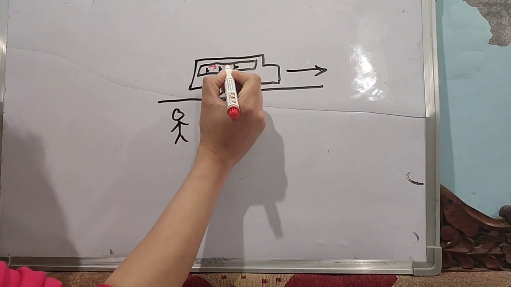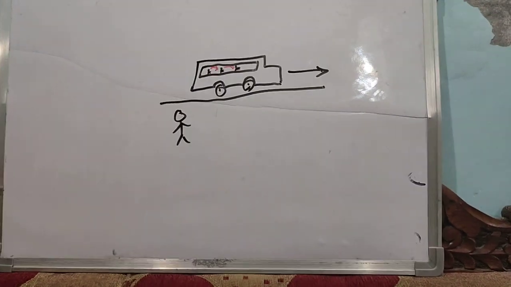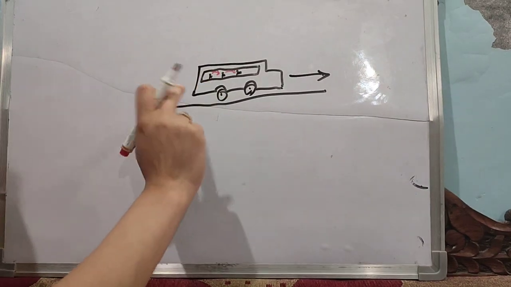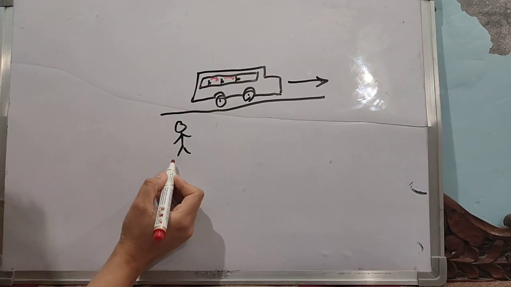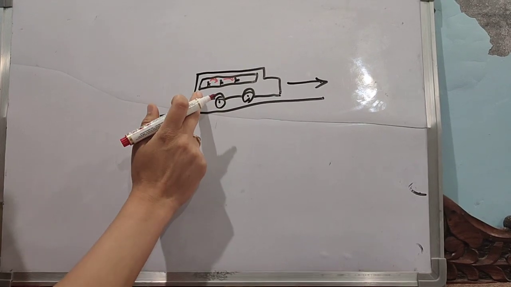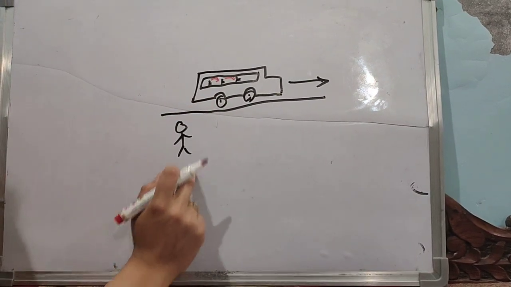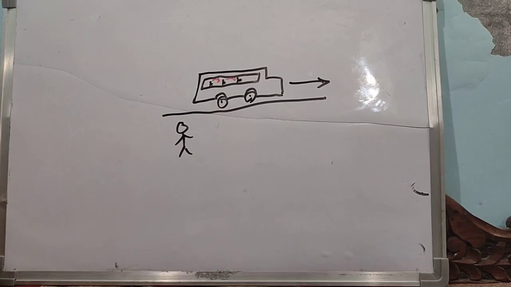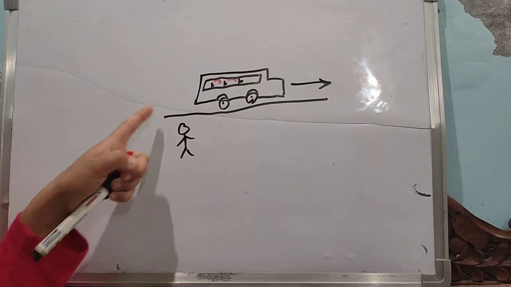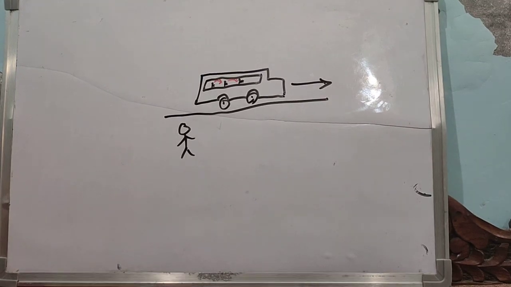Like these are two passengers, they are sitting in a bus. So for them, the person is in a state of rest. But for a person who's looking at the passengers from outside, for him, these passengers are in a state of motion. Thus, we can conclude that rest and motion are relative terms.